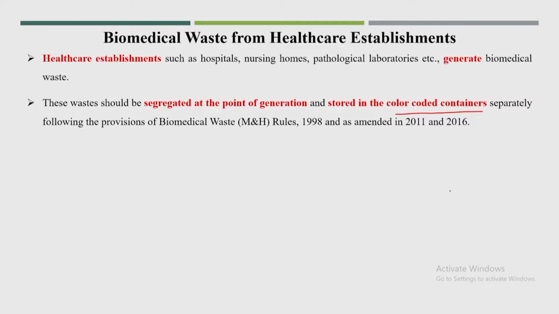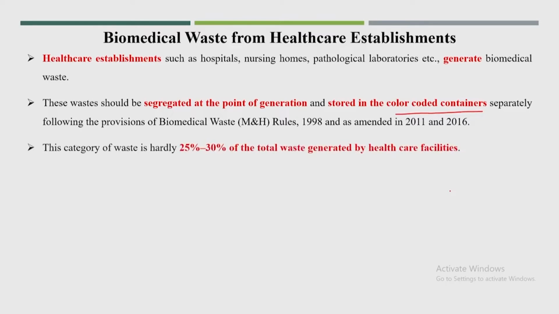So, do the segregation. Normally there is a 4-color segregation system, and hardly 25 to 30% of the total waste generated by healthcare facilities could be hazardous, that 25 to 30%.